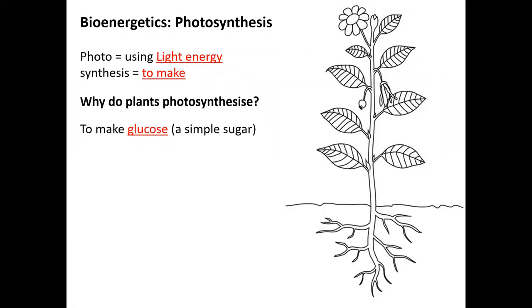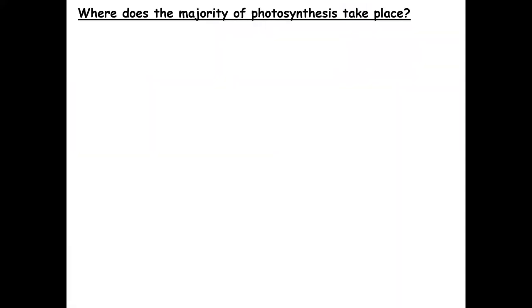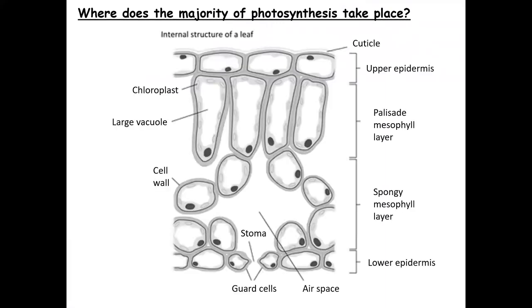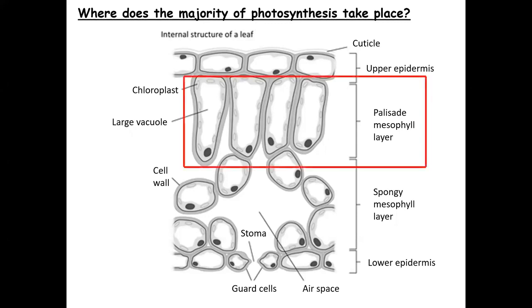Well, let's have a look. If you remember back to the organization topic, we looked at plants as well as animals, and we looked at the leaf. And here is the diagram of the internal structure of a leaf. Hopefully you remember this. Now, the part that we're interested in for photosynthesis is here, the palisade mesophyll layer.